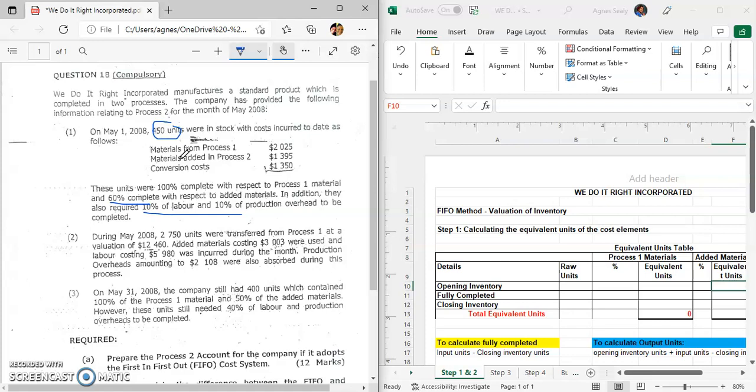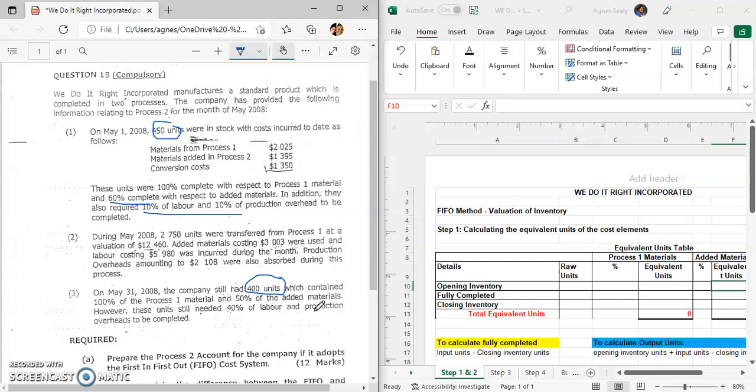So we look at what is still required in order to help us calculate our equivalent units. However, when we come to closing inventory here at the end, the 400 units, in calculating our equivalent units, we are not looking at what still needs to be done.